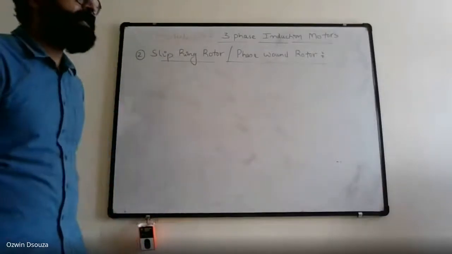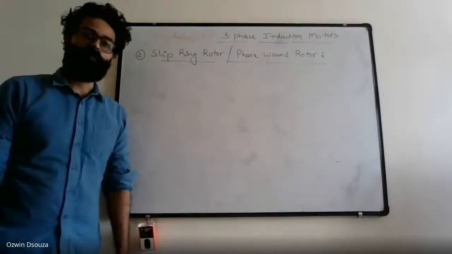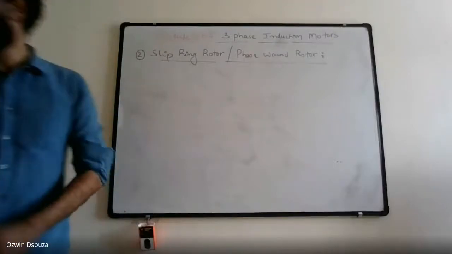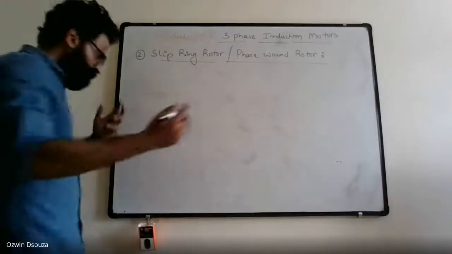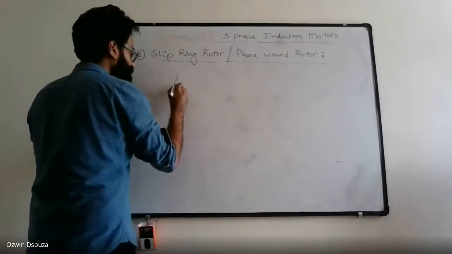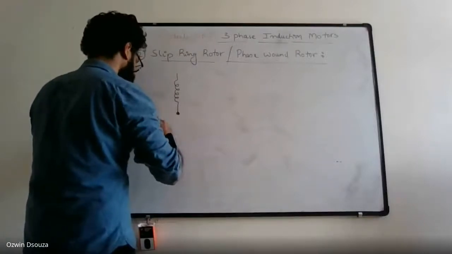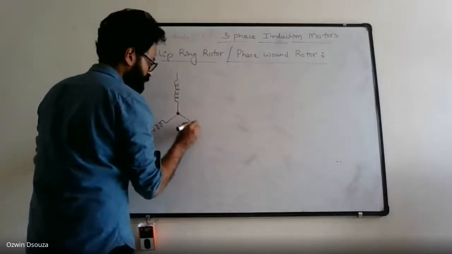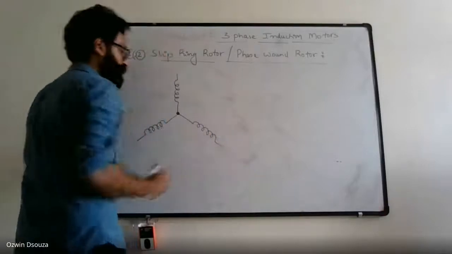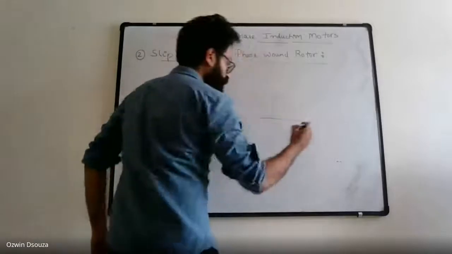So that's the reason the phase wound rotor is not constructed with rotor bars. Instead, it is constructed with windings. So you will have a star connected winding. These are not bars, these are windings, and this winding is basically kept on the shaft.